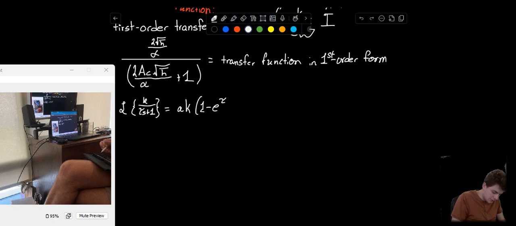Looks better, t over tau. Maybe I should double check that. That looks right.